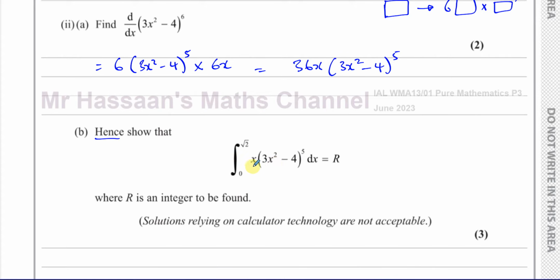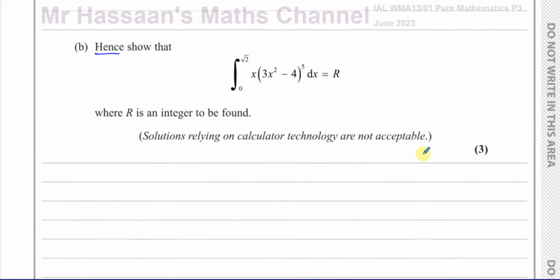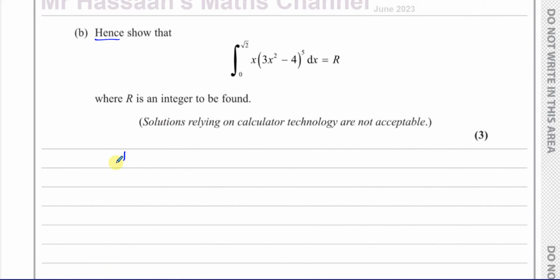So if we're starting off with something which is almost the same as this, except it's multiplied by 36, our result should be basically 1/36 of this result.